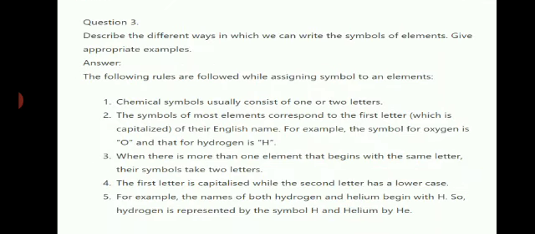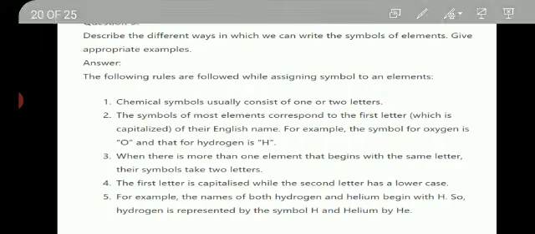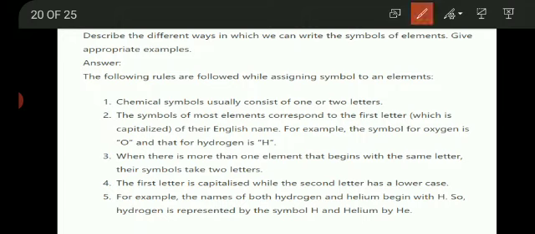Next question: describe the different ways in which we can write the symbols of elements. Give appropriate examples. Symbol rules: the first, the chemical symbols usually consist of 1 or 2 letters.